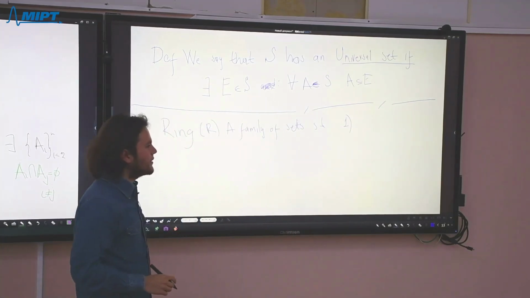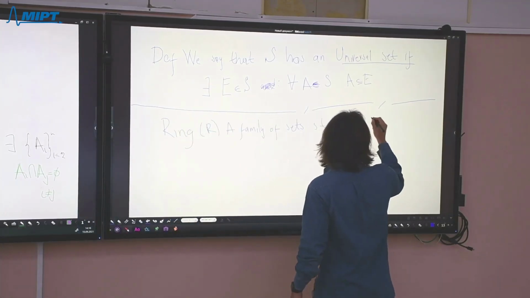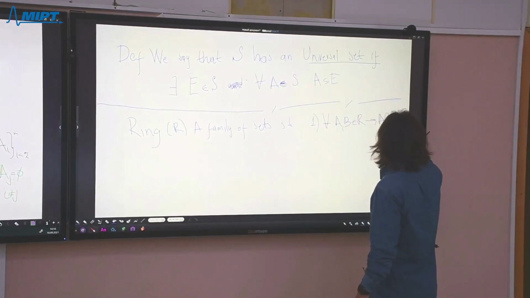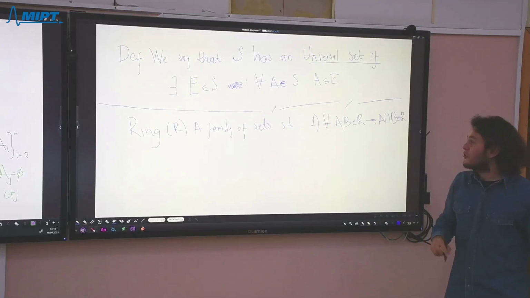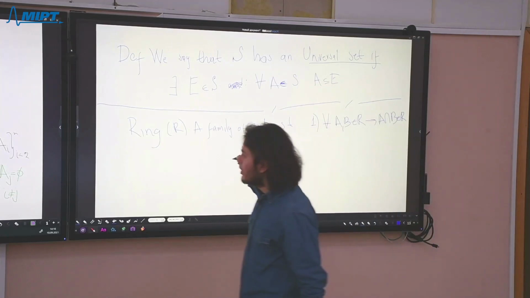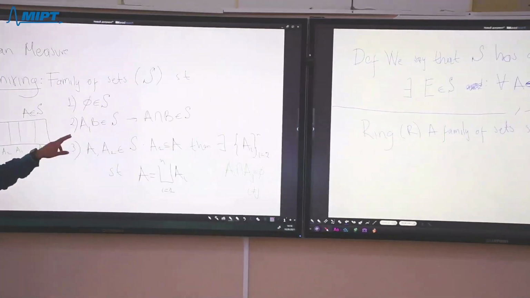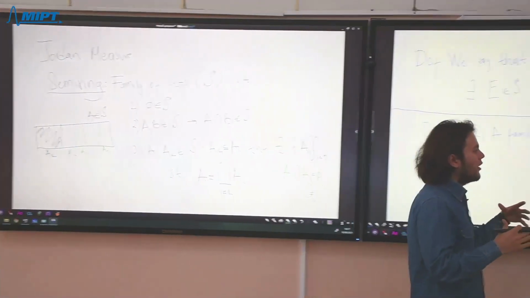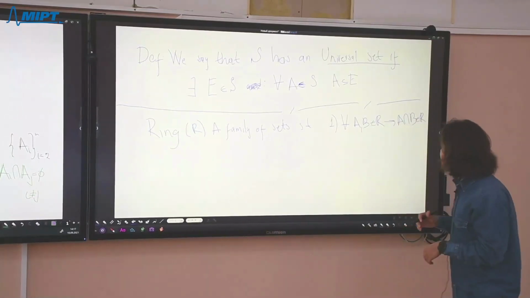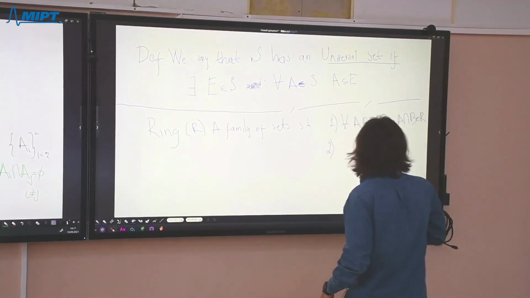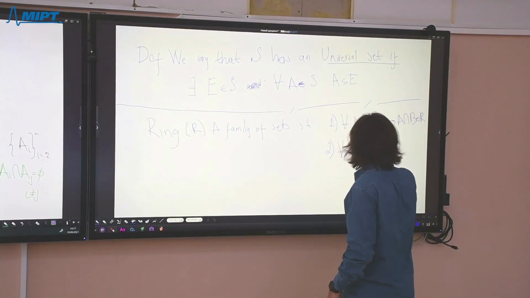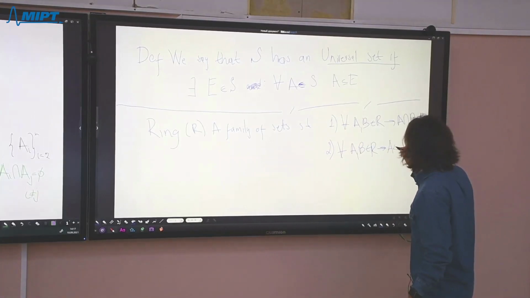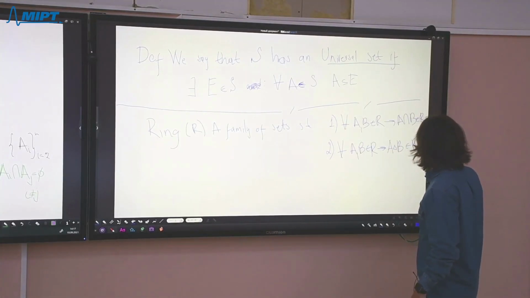The first one is that for every A and B, which are elements of R, we know that the intersection of A and B is an element of R. So this is the first condition, and as you can see, we have this condition here as well. So for both cases, for the semi-ring and for the ring, they are closed under the intersection, okay? And the second condition is that for every A and B in R, it holds that the symmetric difference is also an element of R.